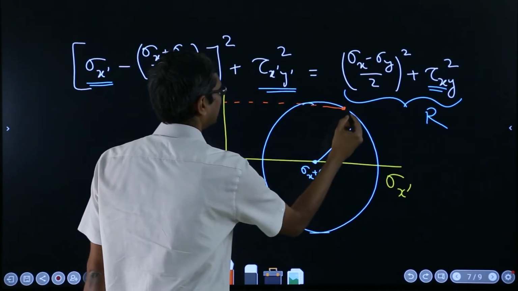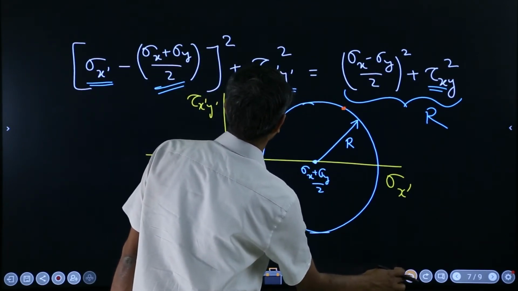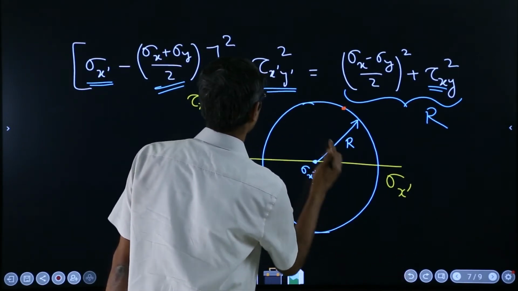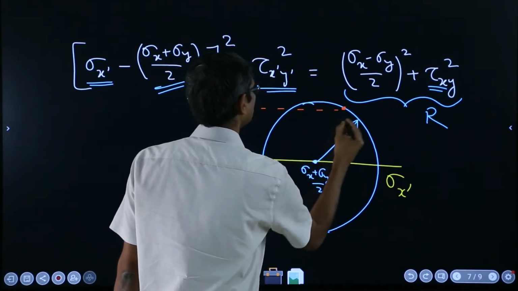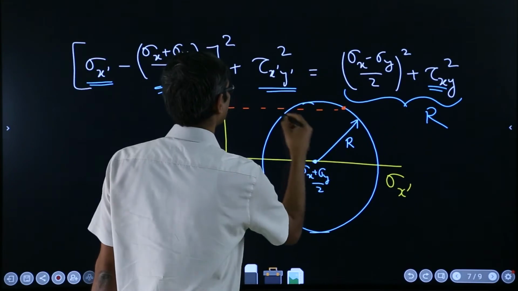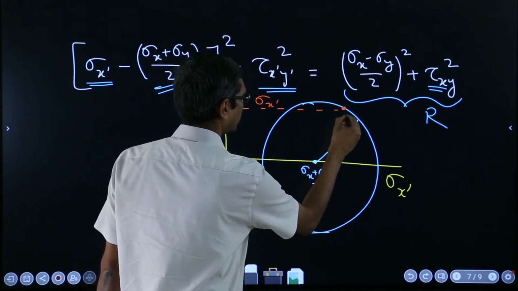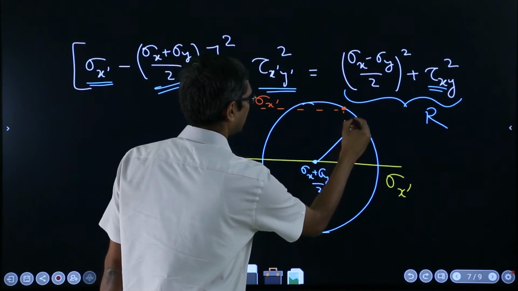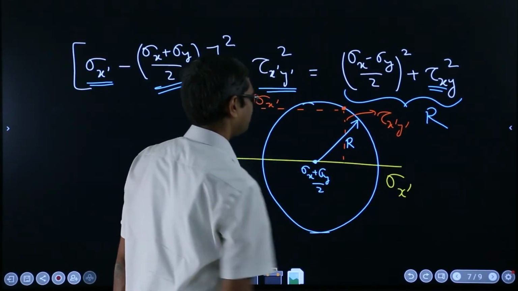For example, this point. This is a very bad drawing. Okay, so maybe this. So this is like sigma x prime of a point, and this is like tau x prime y prime.